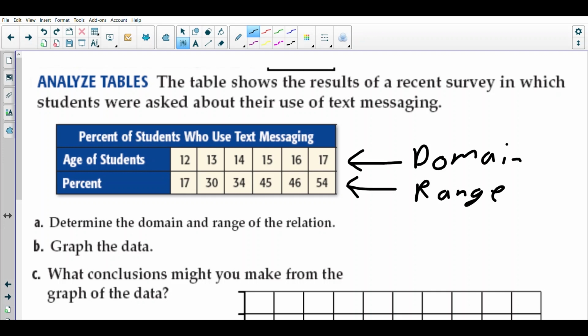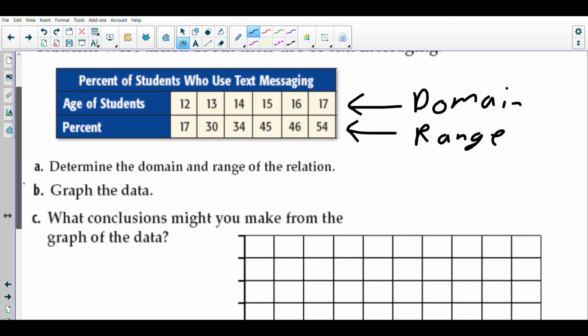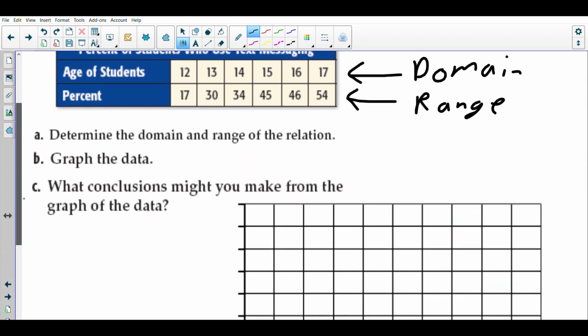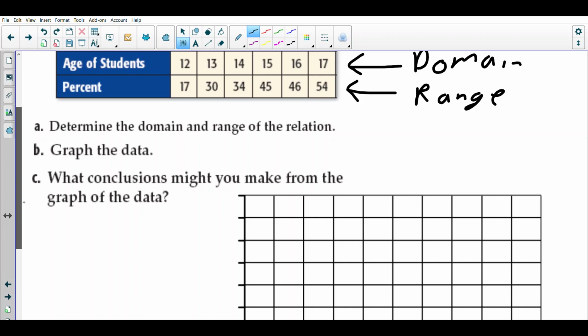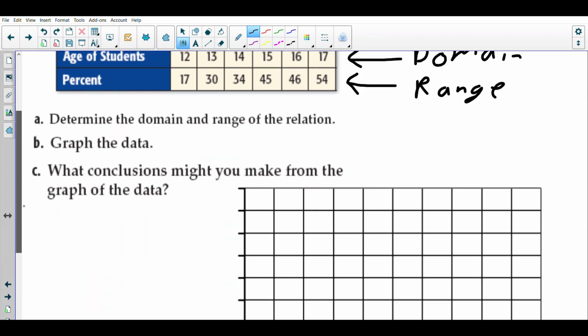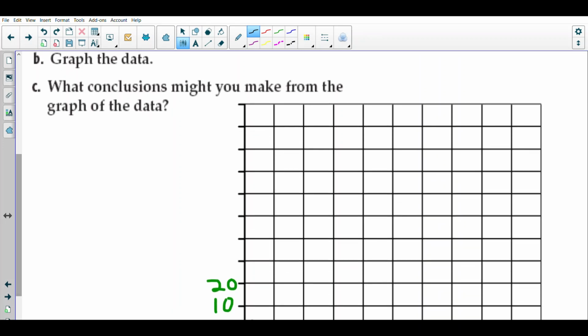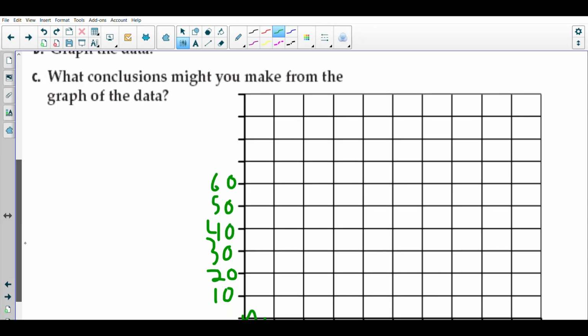Okay, so graph the data. So I kind of set this up for you. 12, 13, 14, 15, 16, 17, and 17, 30, 34, 45, 46, 54. So I've got it started. So we got to just start.